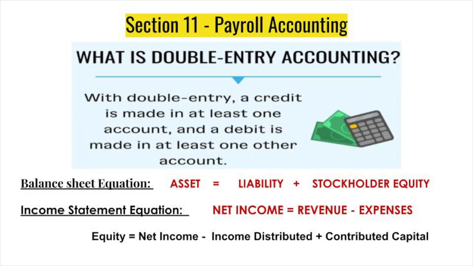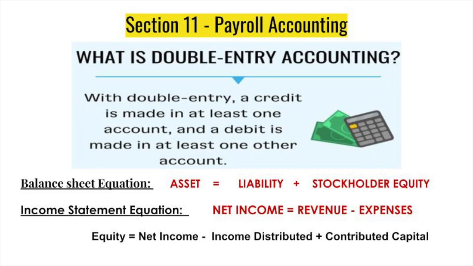The second equation is actually made up of two equations. Revenue minus expenses is equal to net income or net loss, and then net income minus income distributed plus contributed capital is equal to equity. This equation is the basis of two financial statements, the income statement and the statement of retained earnings.